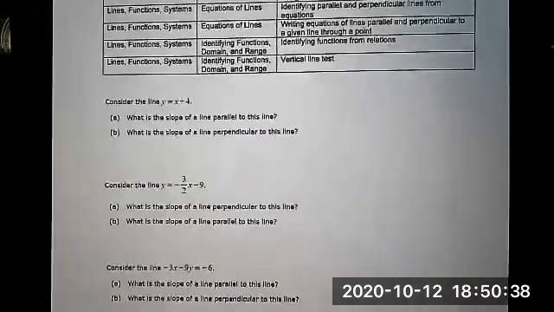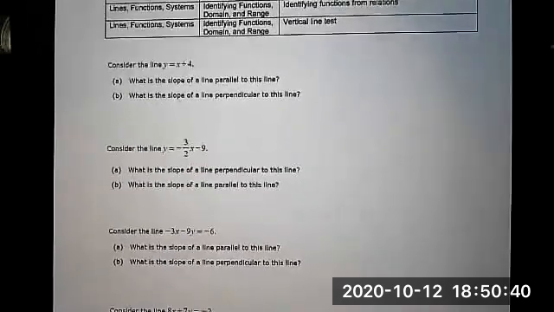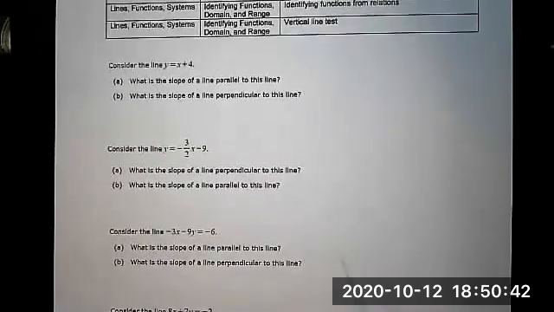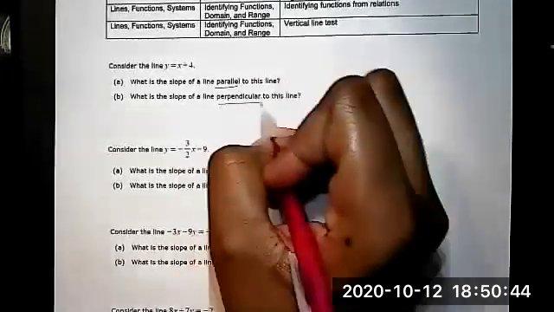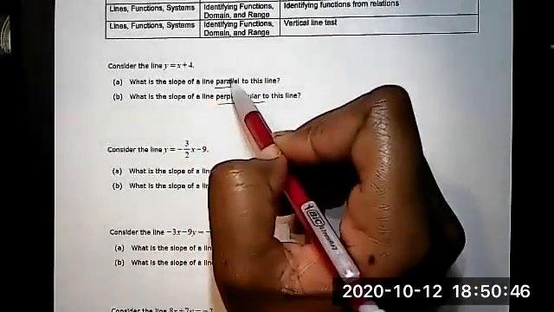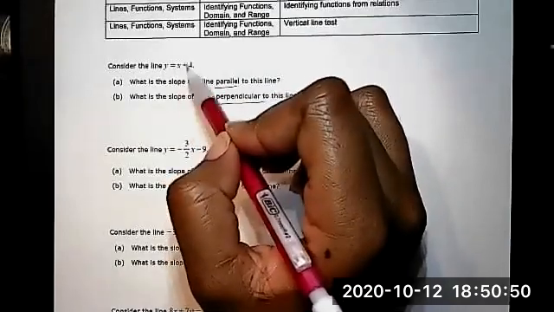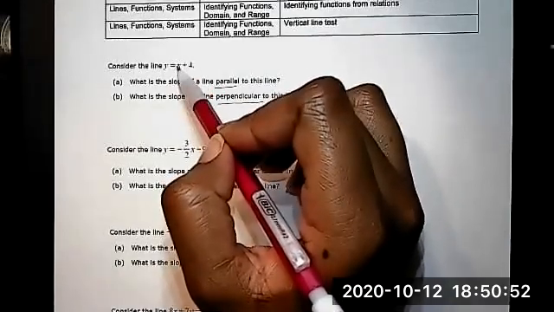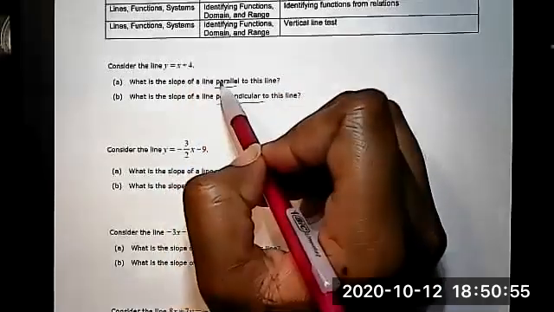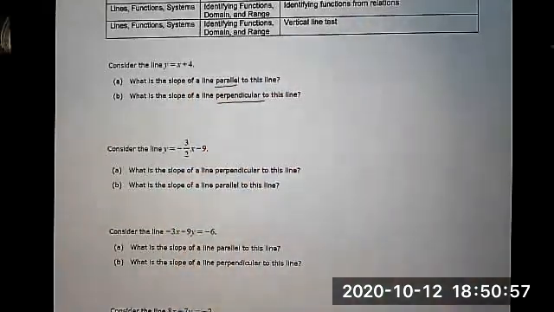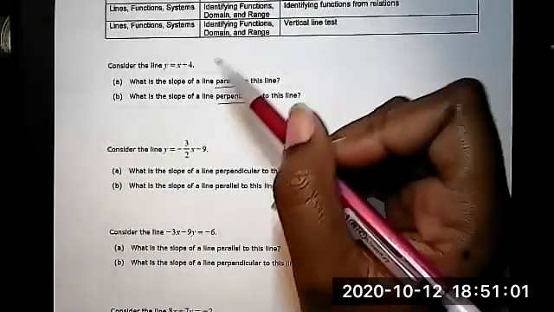All right, so first and foremost, what you need to know and understand about parallel and perpendicular lines is that the parallel has the exact same slope as the slope here. So whatever the slope is, that is going to be the slope of the parallel line as well. For perpendicular, it's going to be the opposite.